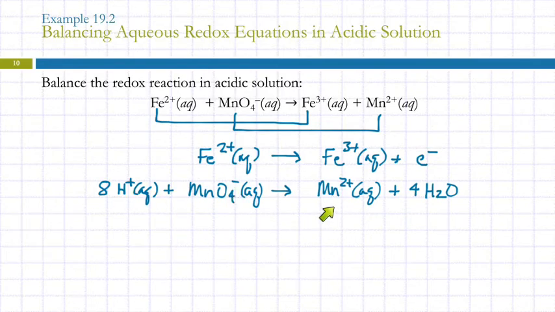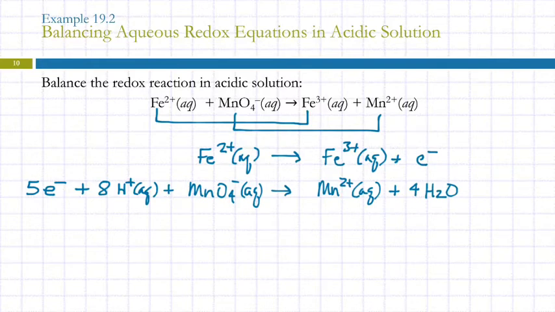And over here I've got +2. So I need to make this smaller. I'm adding electrons. So if I've got +7 and I want +2, I need 5 electrons. It's easy to make mistakes when you do that in your head, so feel free to actually write it all down.